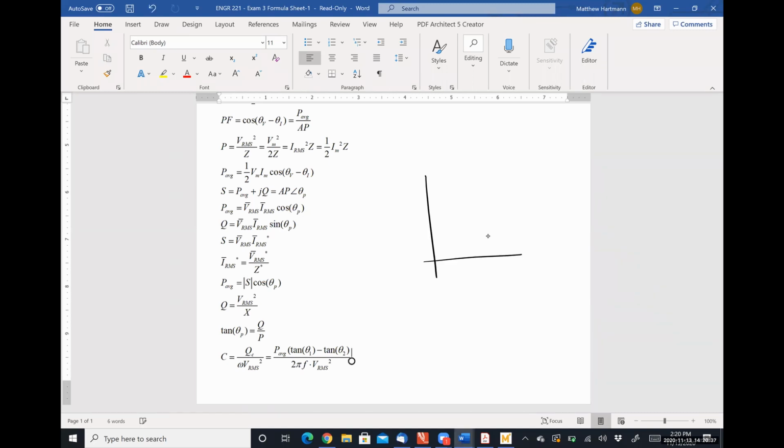Your angle for S old is something like this. Let's call this theta old. The point is to keep P the same while lowering Q. So if P is the same for S old and S new, when you take the difference, it goes away every time. All that's going to be left will be the amount of complex power that the capacitor needs to be bringing to the situation in order to fix that power factor.